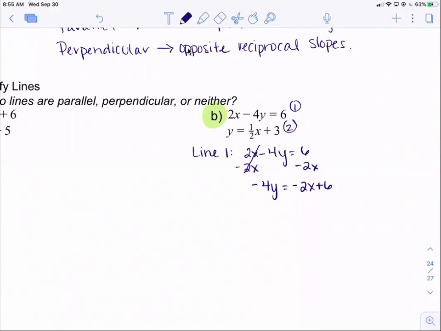And to get y by itself, we're going to divide by -4. So -4y divided by -4 is just y. -2 divided by -4: remember, negative divided by negative is a positive, and we can reduce our fraction by 2, leaving us with 1/2 x. Minus, so 6 over 4 can reduce by 2 as well, and we get 3/2. Remember, the slope is always the number in front of your x when you're in slope-intercept form. So our slope here for line 1 is 1/2.